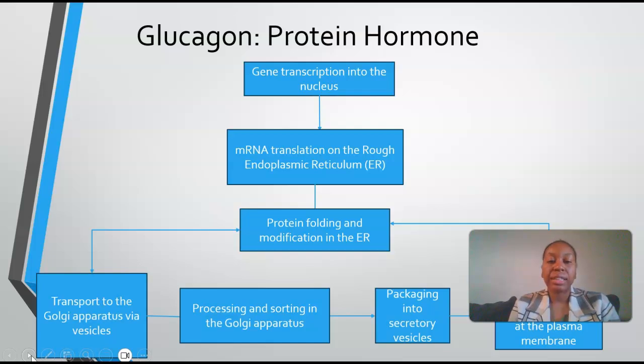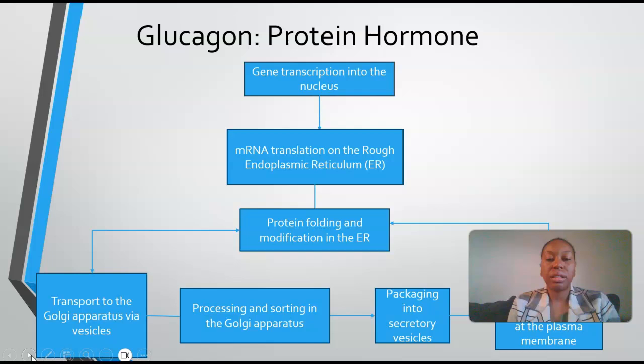Elevated cAMP levels activate protein kinase, which translocates to the nucleus and activates transcription factors like cAMP response element binding protein, also known as CREB, to promote gene expression.